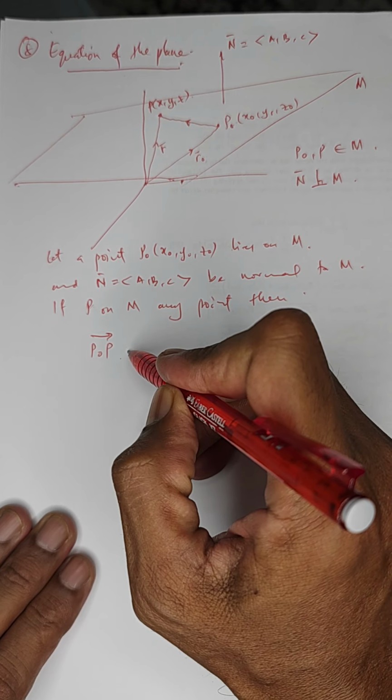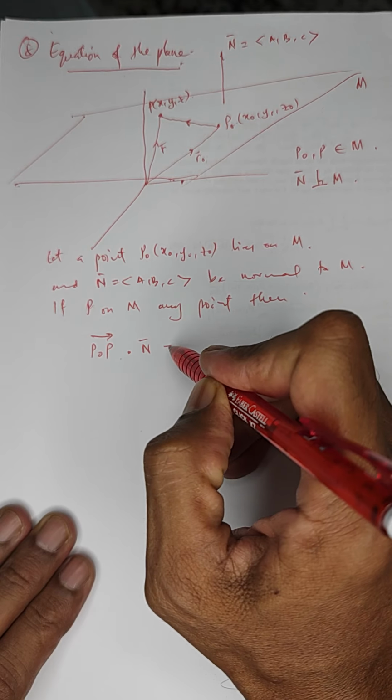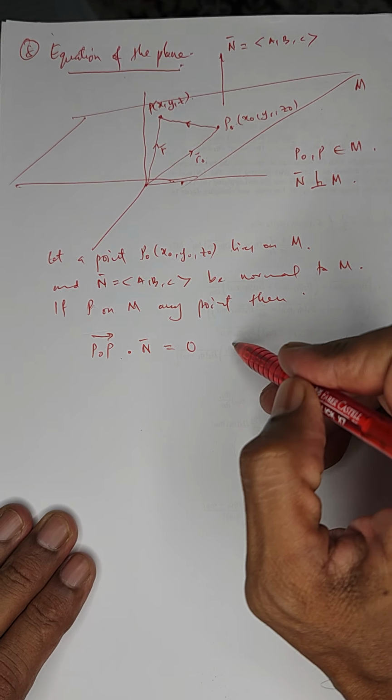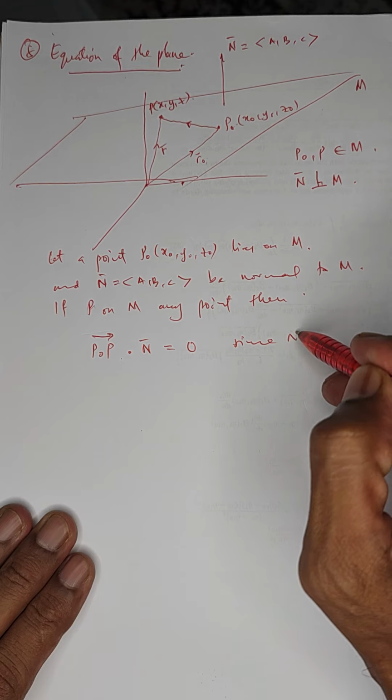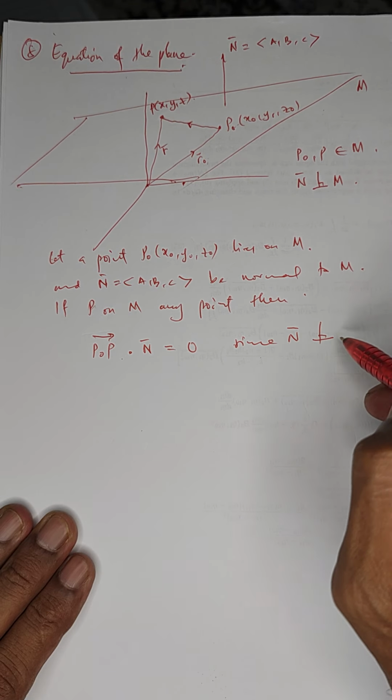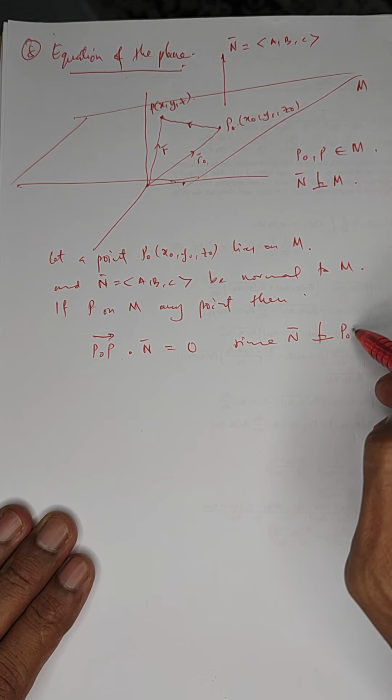Therefore if you take the dot product with n, that will give you 0, since n is perpendicular to P0P.